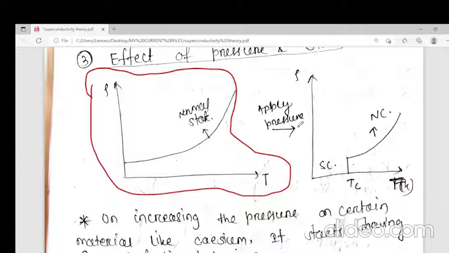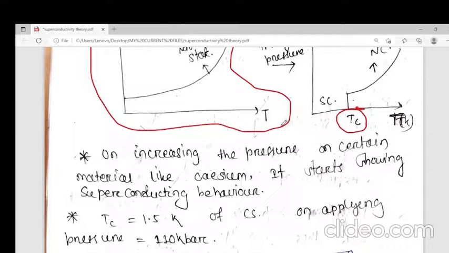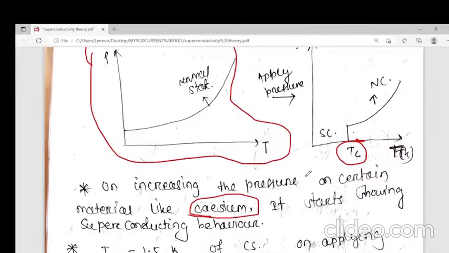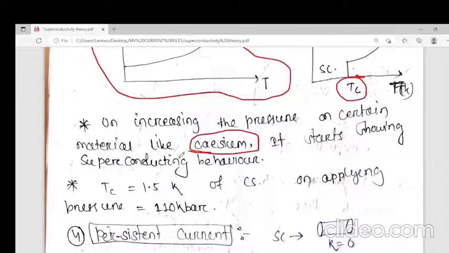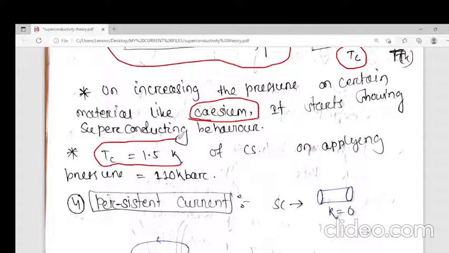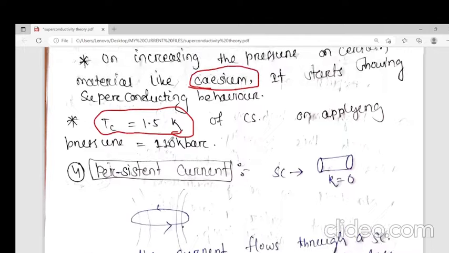If we apply pressure, it may become a superconductor below Tc. On increasing the pressure on a certain material like cesium, the only element that shows this property, its Tc is experimentally found to be 1.5 Kelvin, and its critical pressure is 110 kbar.